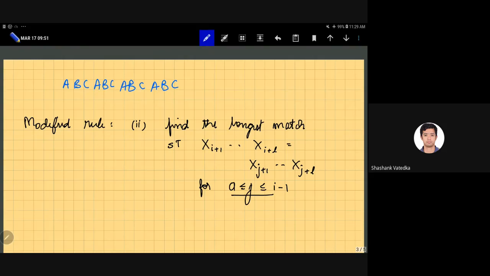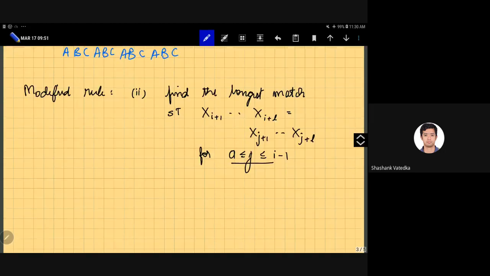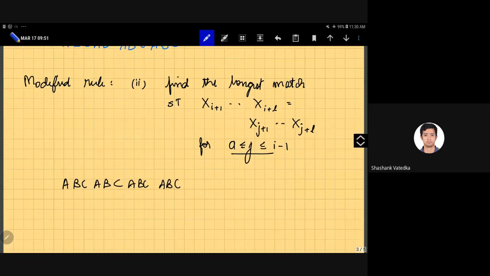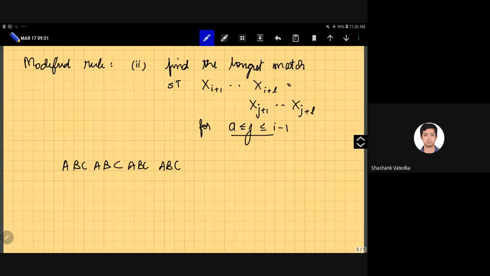Okay. So now if I have this modified rule, can you tell me what the parsing would be? So I have ABC, ABC, ABC, ABC. Now what would the first phrase be?